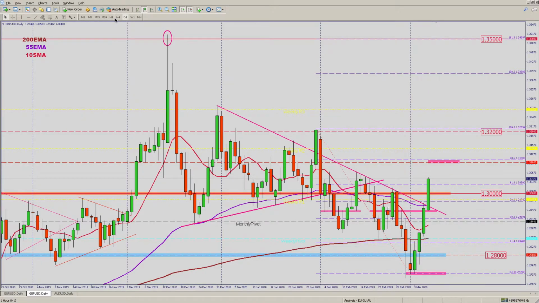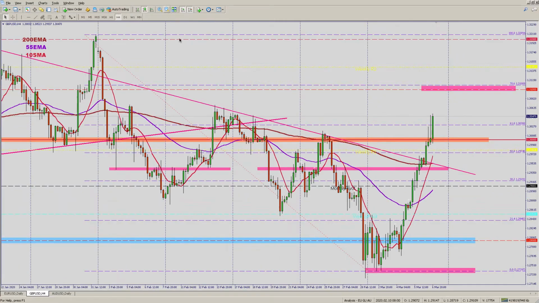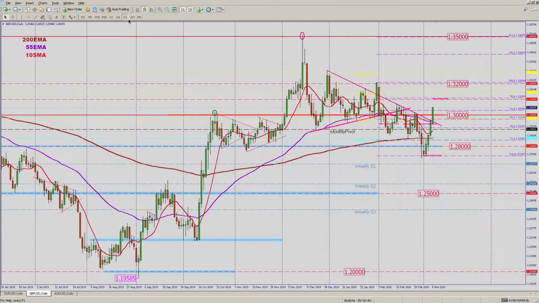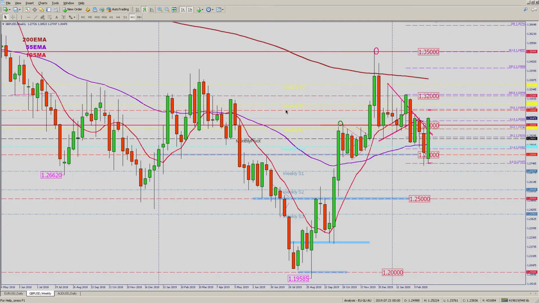Let's take a quick look at the 4-hour time frame. You can see that it has been very bullish through the last 4 days. And for the week, it's managed to engulf the previous week's bearish move, in fact the last 2 weeks' bearish move, and recovered right back up to where it started from before it fell.